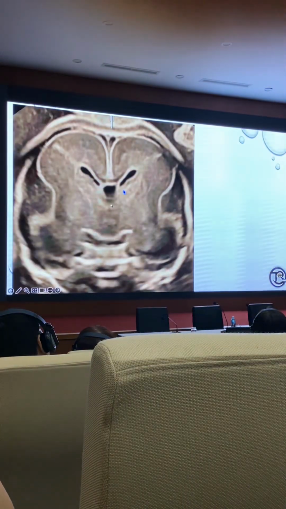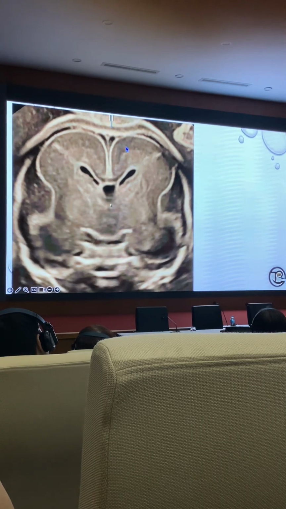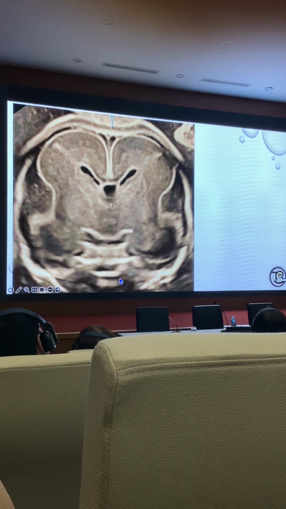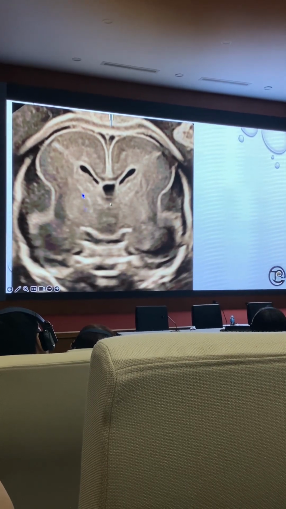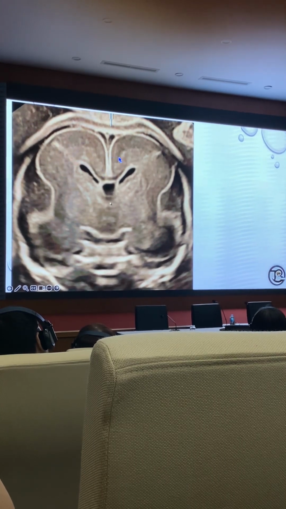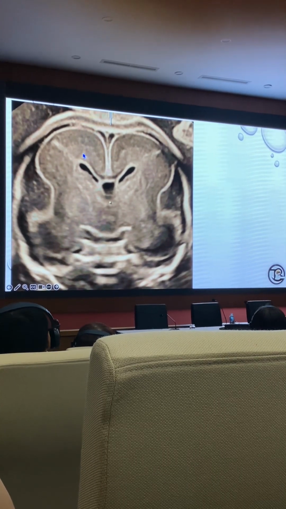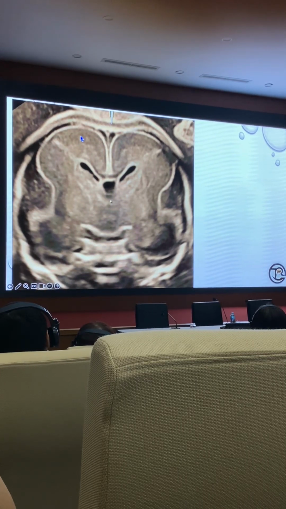And also, here you can see this is the normal image in the coronal section, and you can see here there is the border line between the whiter part and the grayish part, right?